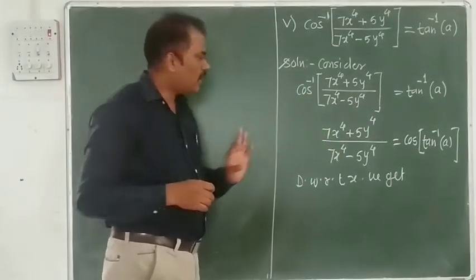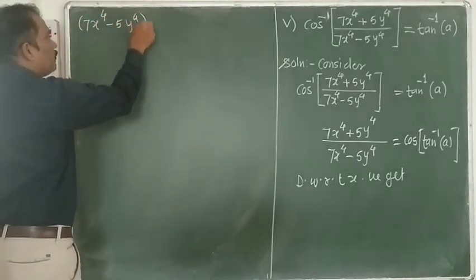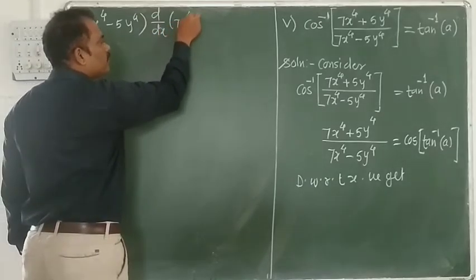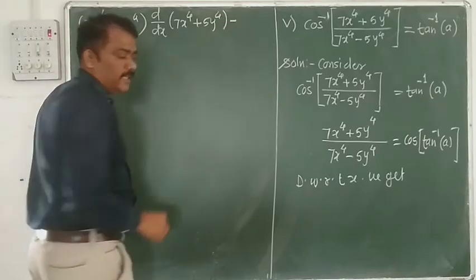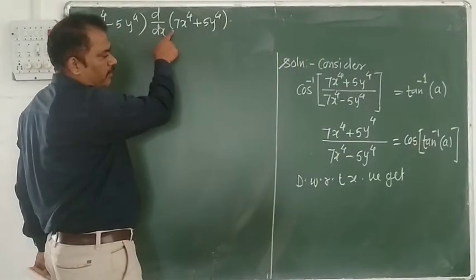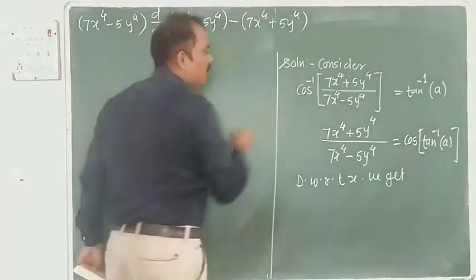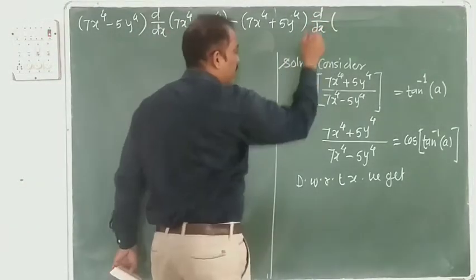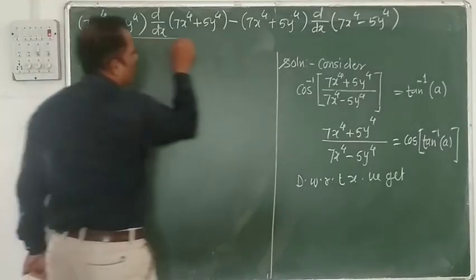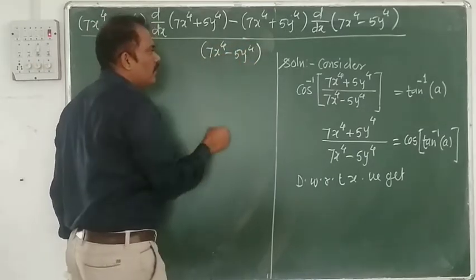Now we have to apply the quotient rule on the LHS. So denominator, that is 7x^4 minus 5y^4, into d/dx of the numerator, d/dx of 7x^4 plus 5y^4, minus numerator, 7x^4 plus 5y^4, into d/dx of the denominator, that is 7x^4 minus 5y^4, divided by denominator square, that is (7x^4 - 5y^4) whole square.